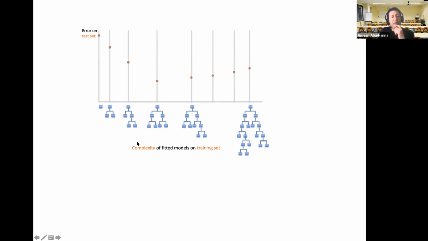So when you are finding the best complexity, I'm increasing my complexity on the x-axis, and every time seeing on the test set that I kept apart that it's going down. It could be cross-validation, doesn't matter. And I hit this sweet spot to say I have to stop here. So it's 6 splits.